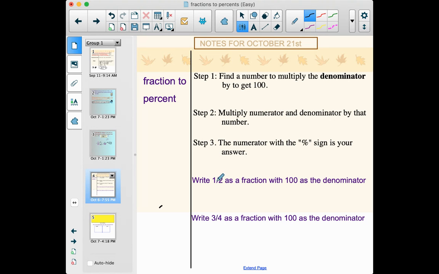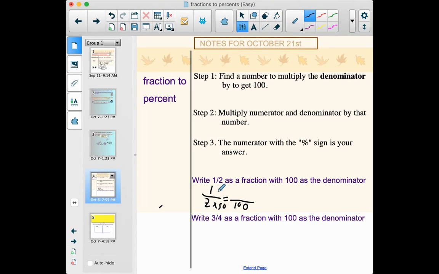All right, so the first one here is write 1/2 as a fraction with 100 as a denominator. So I'm trying to turn 1/2 into a percent. To make it a percent, I don't want it to be out of 2. I want it to be out of 100. So I'm going to rewrite this fraction as something out of 100, just like I would if I were adding fractions and needed common denominators. If I look at what happened to the bottom, to get from 2 to 100, I had to multiply by 50. 2 times 50 gives me 100.